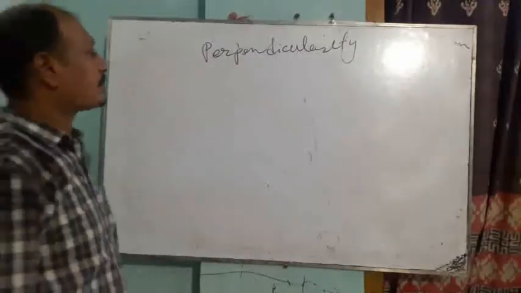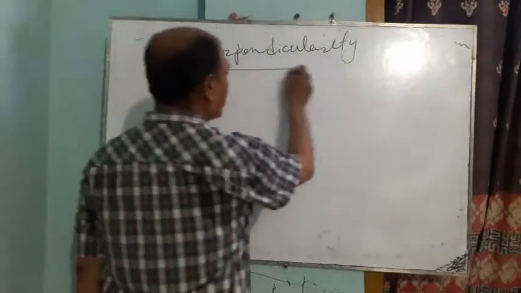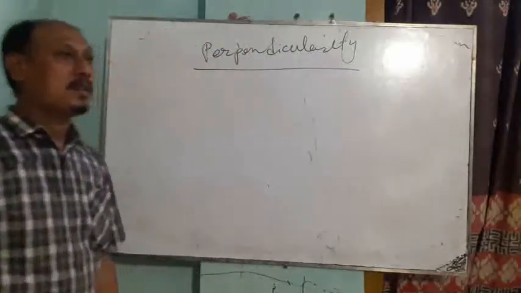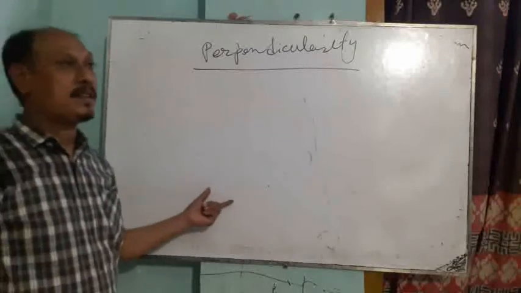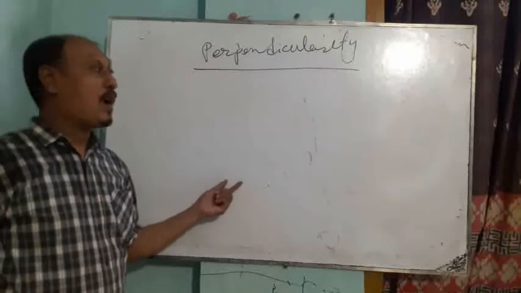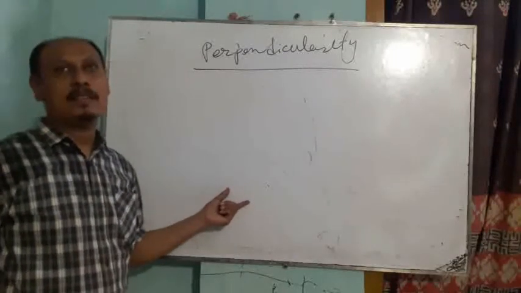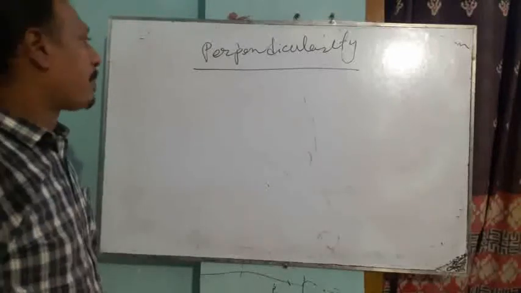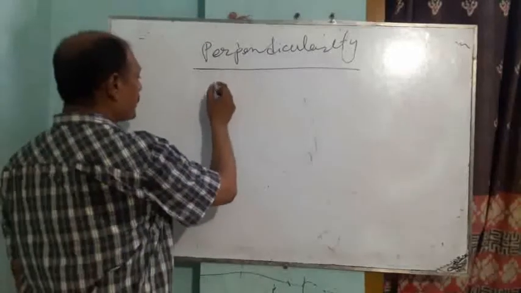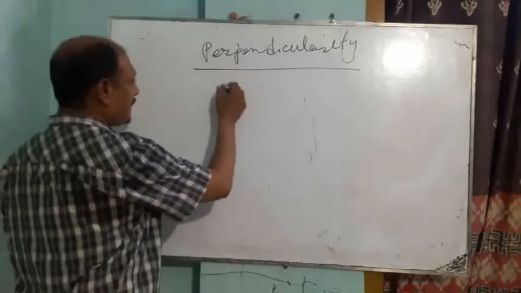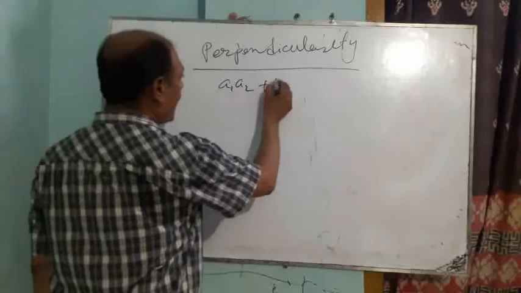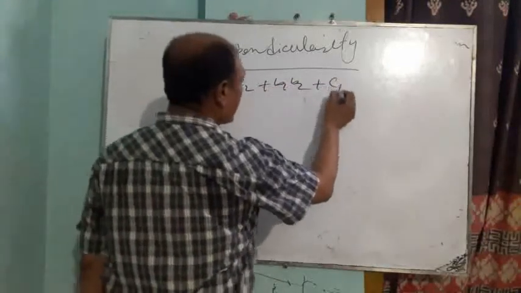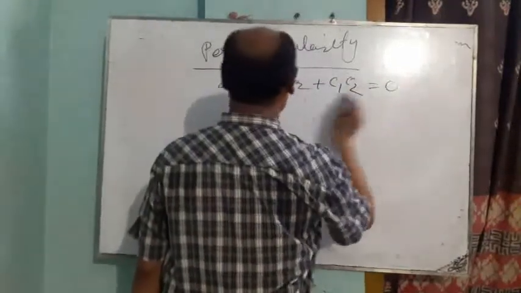If two lines have direction ratios A1, B1, C1 and A2, B2, C2, then the lines are perpendicular if A1 A2 plus B1 B2 plus C1 C2 equal to 0.